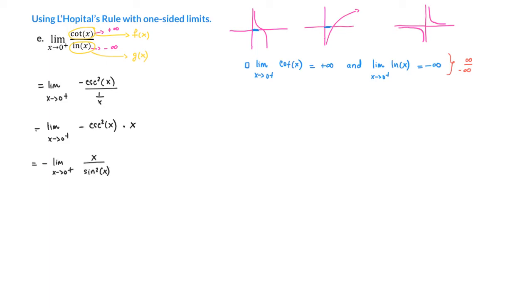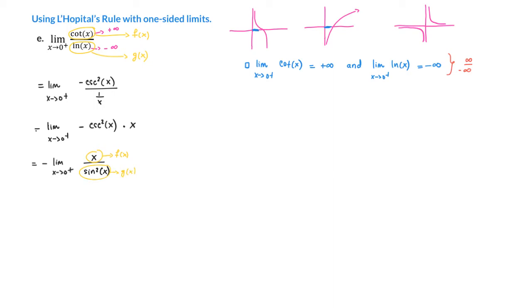Now here, if I try to plug in 0 again for x, I am going to get another indeterminate form. So then that means that we should be able to apply L'Hopital's rule a second time around. So a quick check again. This is my new f of x. This is my new g of x.